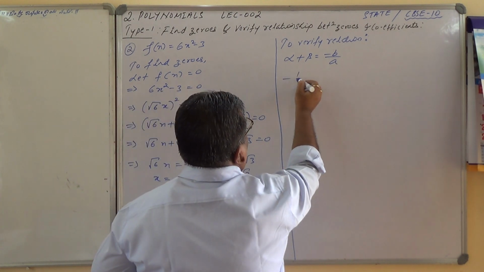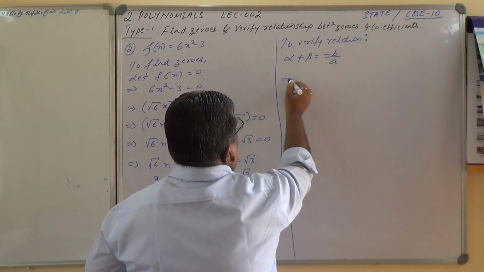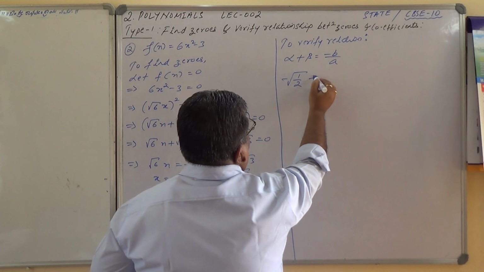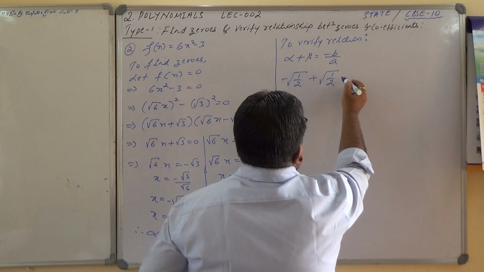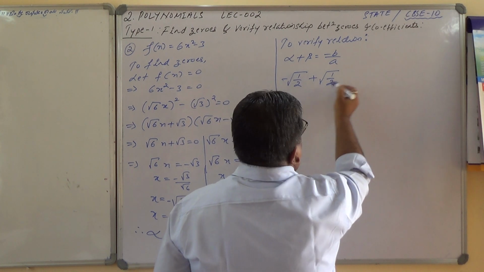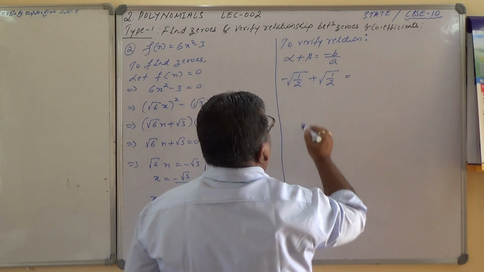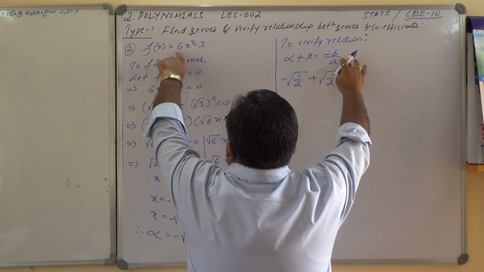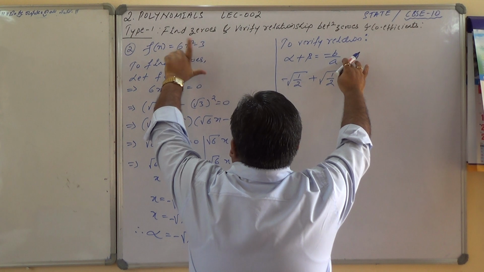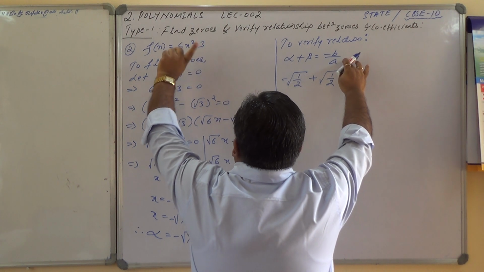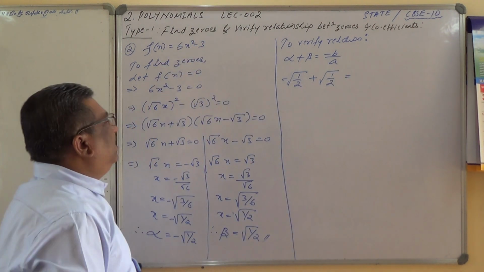Minus under root of 1 by 2 plus under root of 1 by 2, isn't it? Which equals, what is minus b by a? Here a equals 6, b equals 0, c equals minus 3. Are you able to understand here?